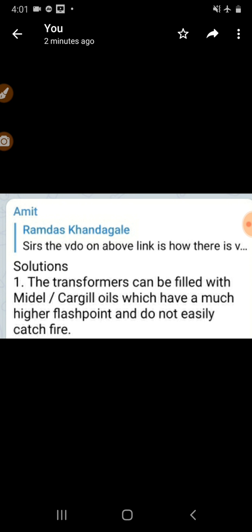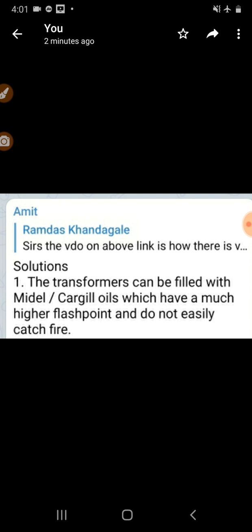The hydrocarbons present in transformer oil can be divided into three major groups: paraffins, naphthalenes, and aromatic compounds. But I have handled only paraffin-based and naphthalene-based.